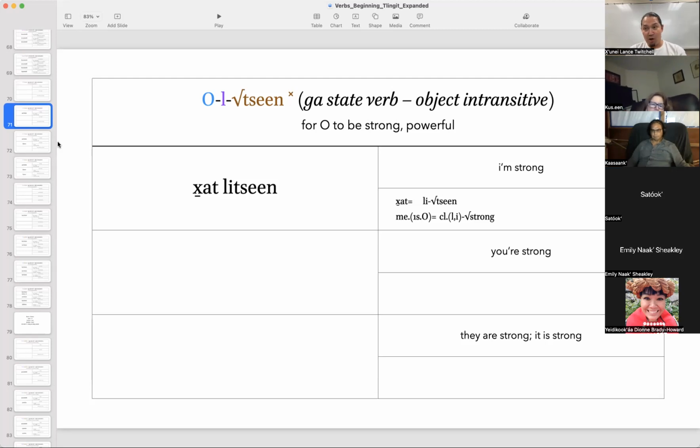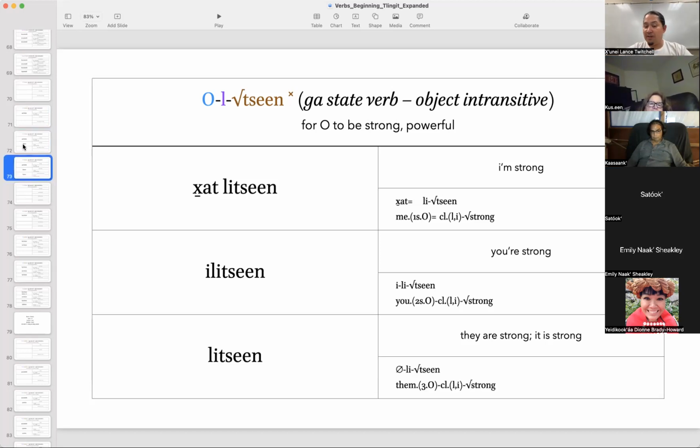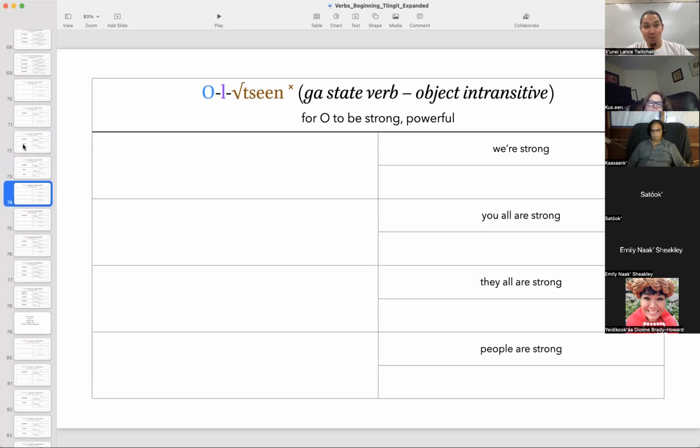Okay, you are strong. ʻitlitzin. Ishlitzin. They are strong, or it is strong, singular. Litzin. We are strong. Halitzin. Ashlitzin. Y'all are strong.